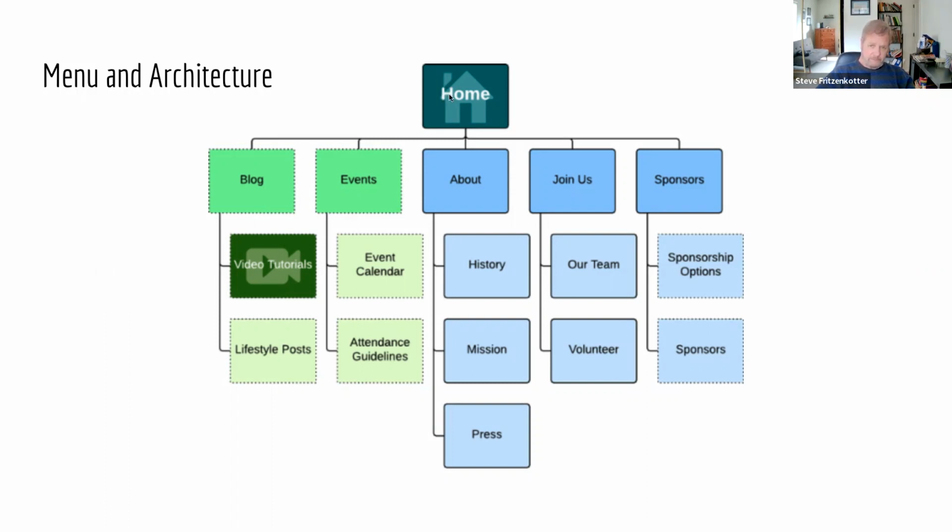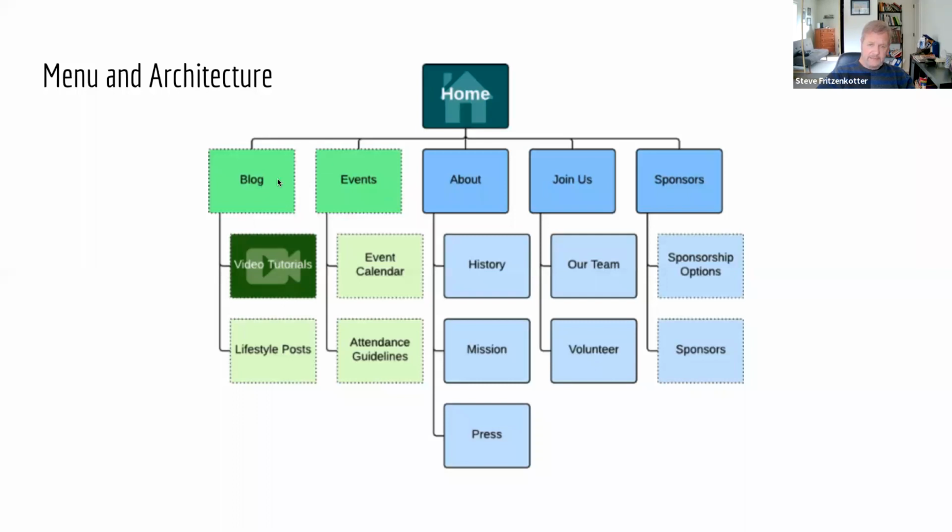If this was a menu bar, this home would go here, and then everything else is under home. But home is on top. So this is how you hardwire or you create the flow chart.